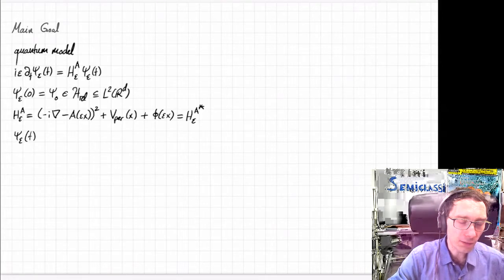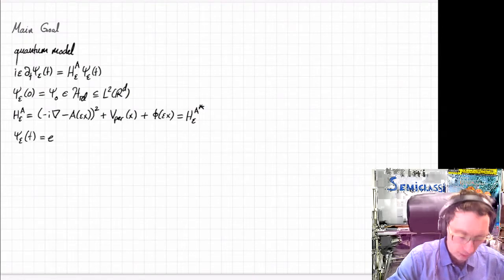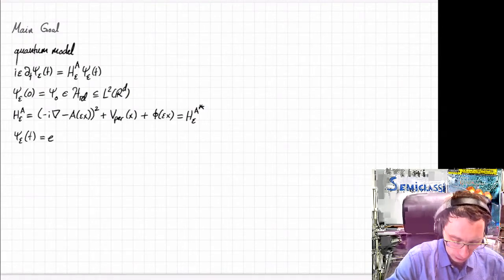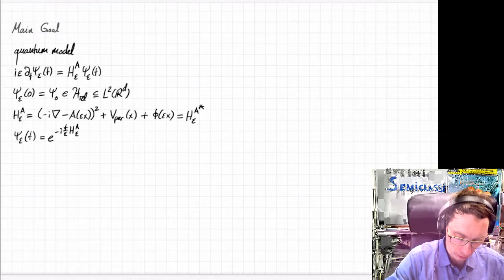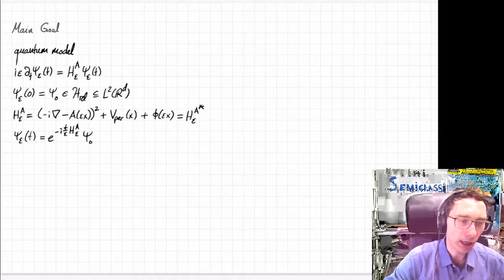And the dynamics is given by the unitary evolution group. So it's e to the minus i t divided by epsilon, H^epsilon, applied to the initial vector psi naught.